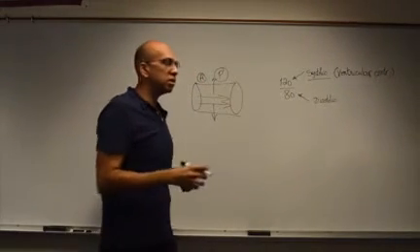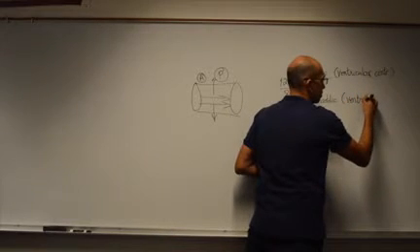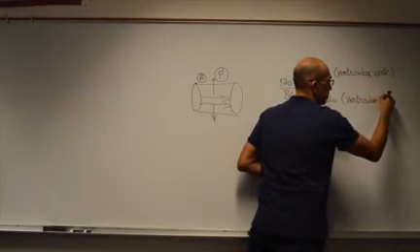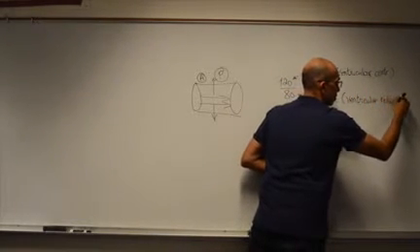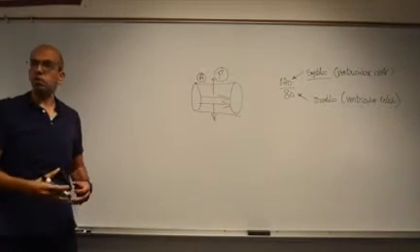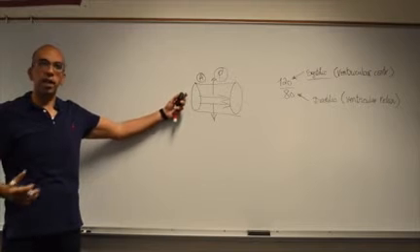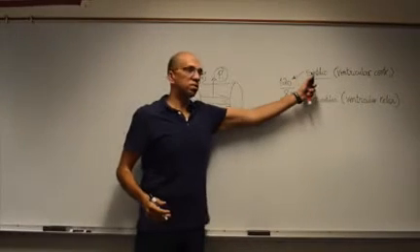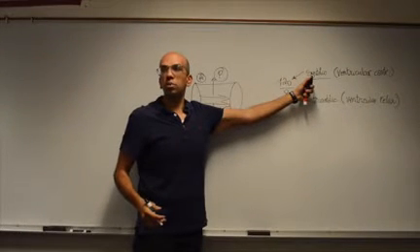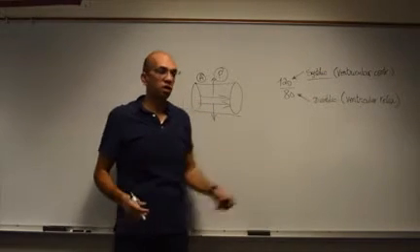Diastolic means during ventricular relaxation. So again, what is systolic blood pressure? This is the pressure of the blood in my arteries during ventricular contraction, it will be called systolic, or during ventricular relaxation, it's diastolic.